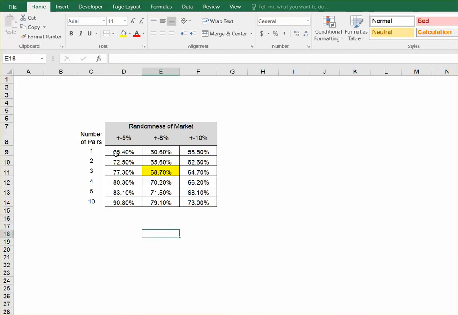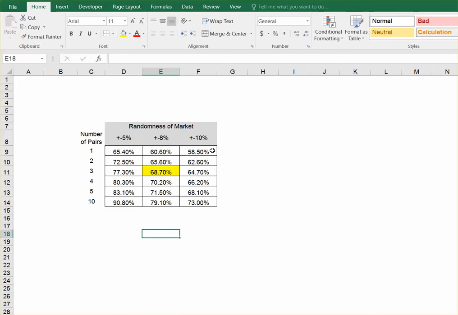So there's our table, and what we can see is the more randomness, the less for all of these. If you have one pair, the more random the market is, the less probability there is, you see. So with one pair of sales at plus or minus 5%, you only have about a 65.5% chance.